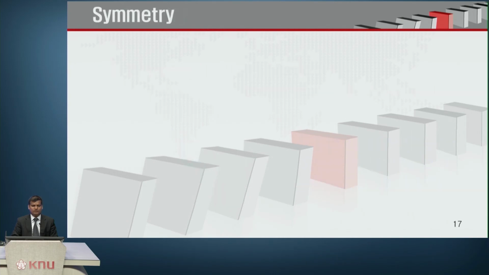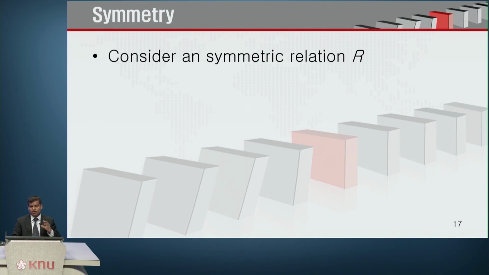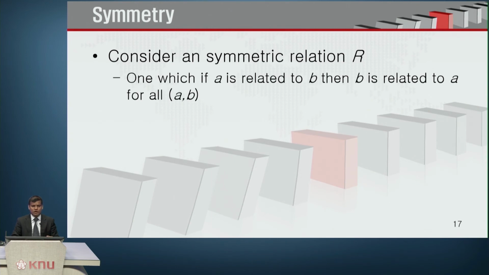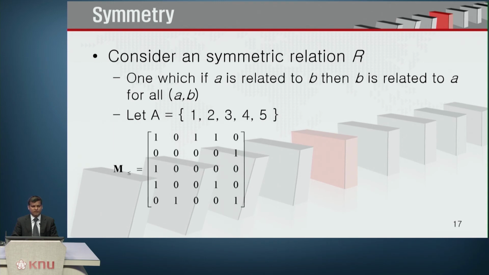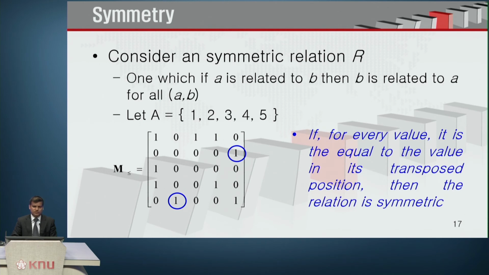Moving ahead to symmetric relation, as you recall, a symmetric relation R is one in which if A is related to B, then B is related to A, for all (A, B). So let A equal 1 2 3 4 5, then we have this form of matrix, and if you look closely into this matrix, you can see the so-called upper triangle.